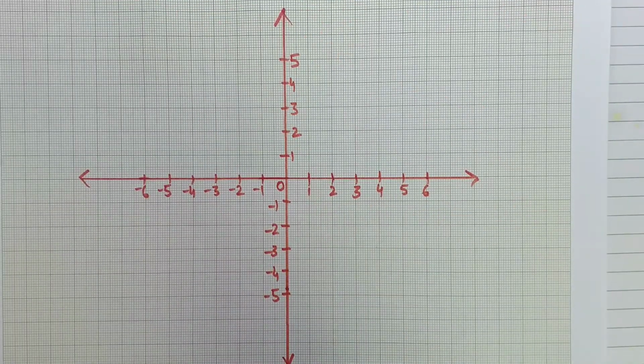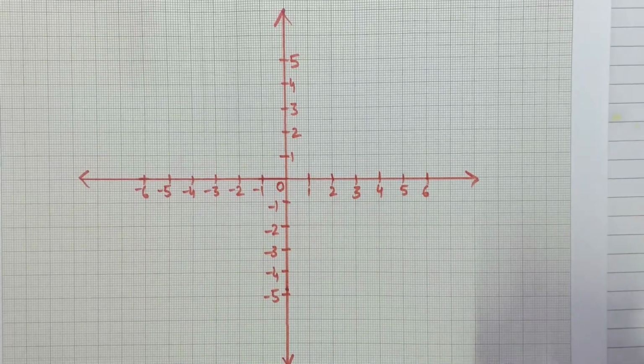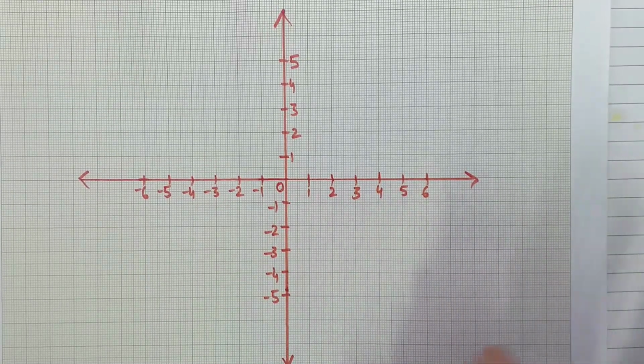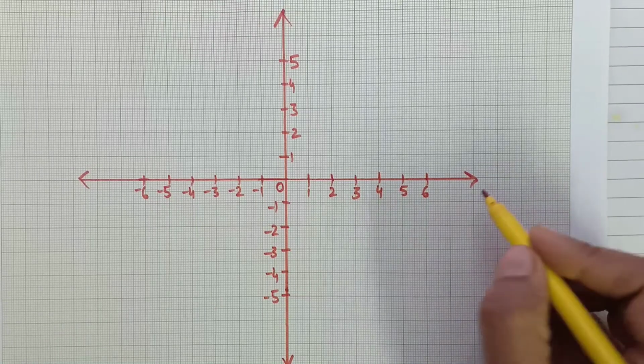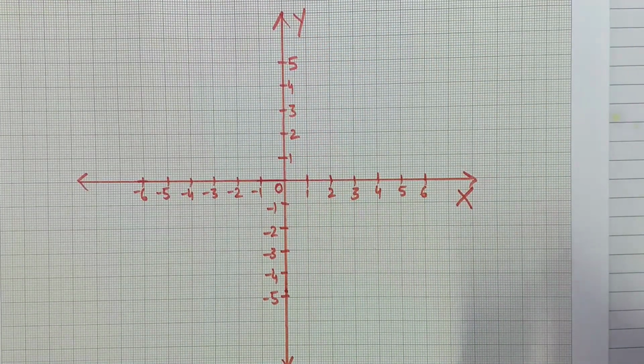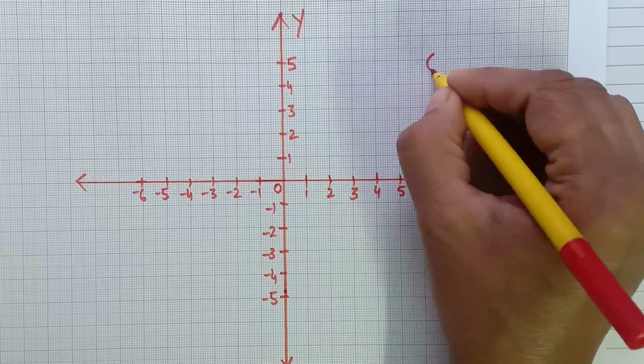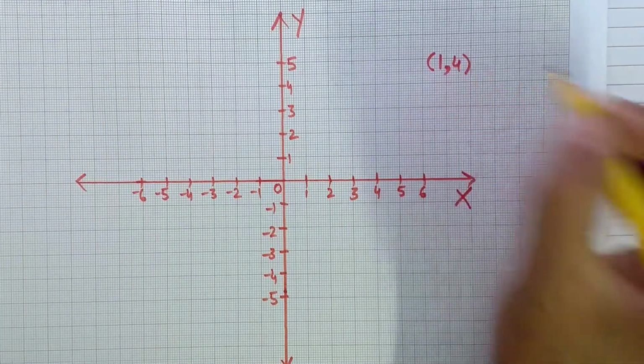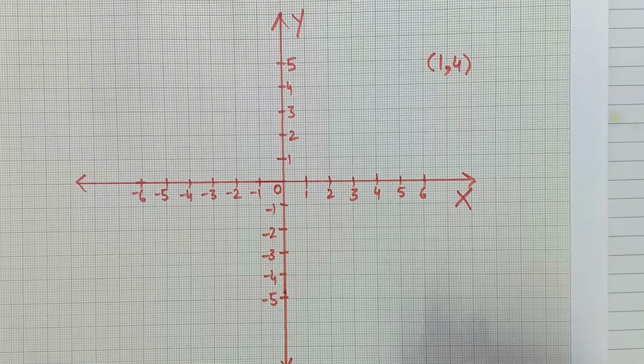Now as you can see, I have taken another graph on which I have drawn the Cartesian system, that is both axes x as well as y. Now I want to locate the position of the point (1, 4). So where will that point be in this Cartesian plane?